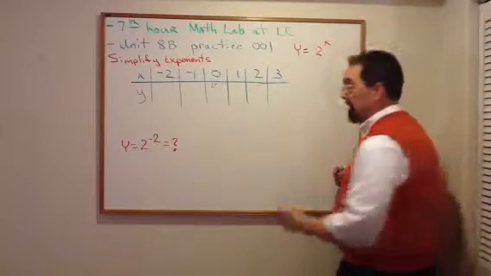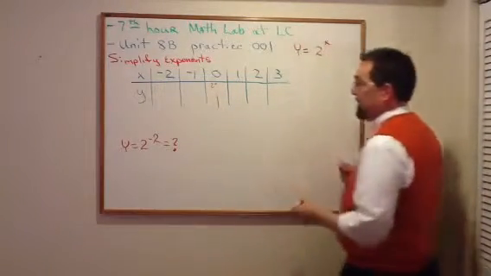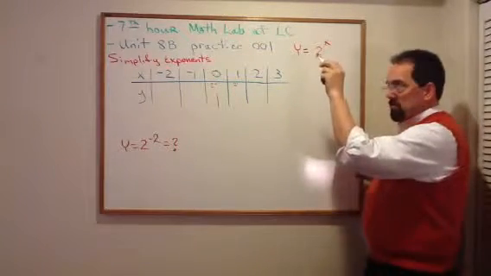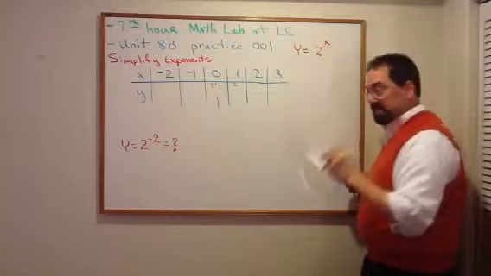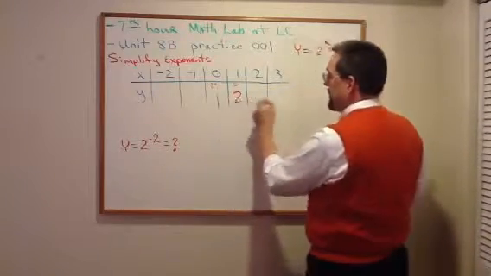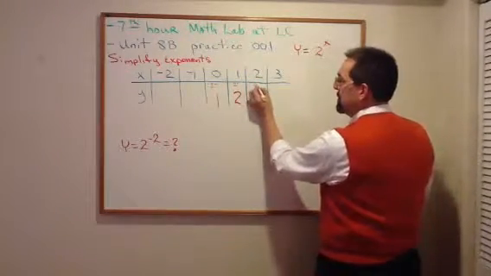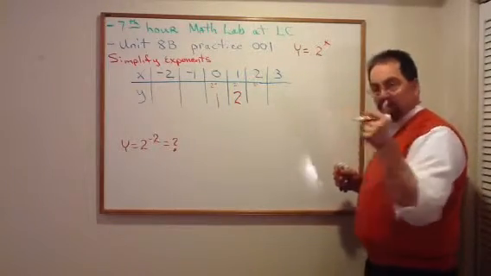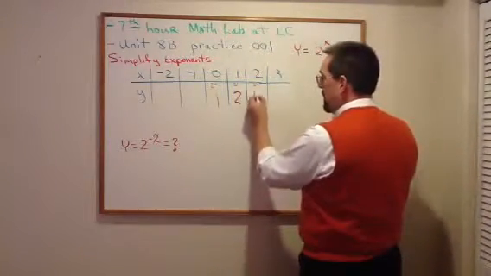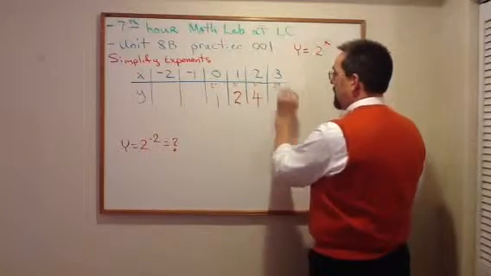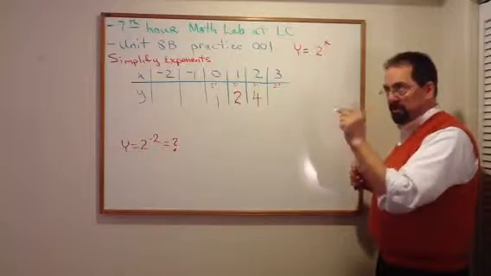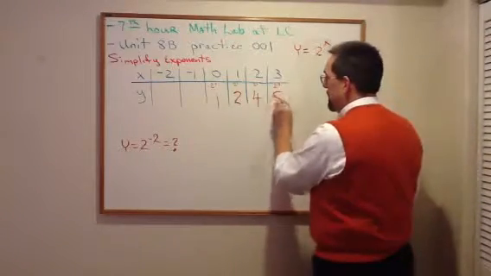Anything to the 0 power is 1. 2 to the 1. 2 raised to the 1, that's just 2. 2 to the second power, or 2 squared, 4. 2 to the 3, 2 cubed, 2 times 2 times 2, good job.